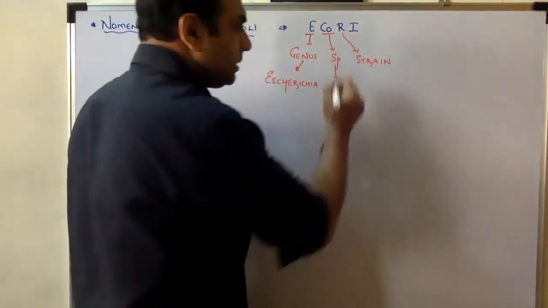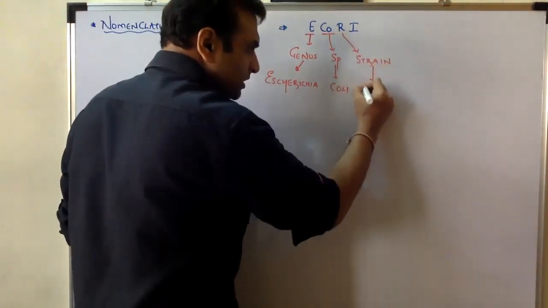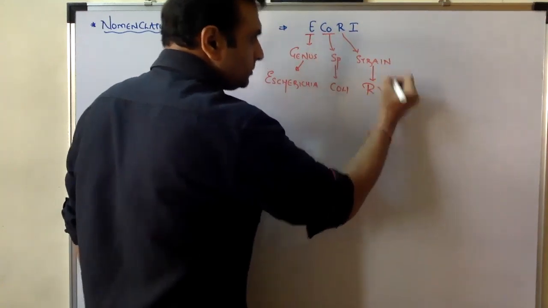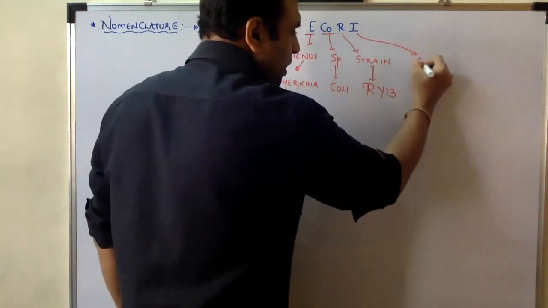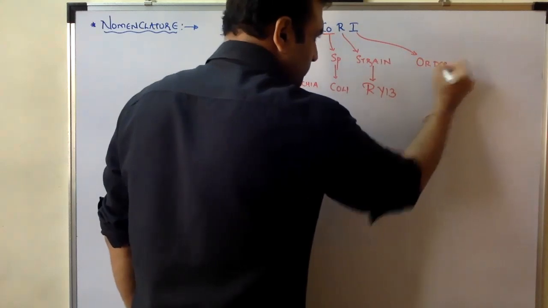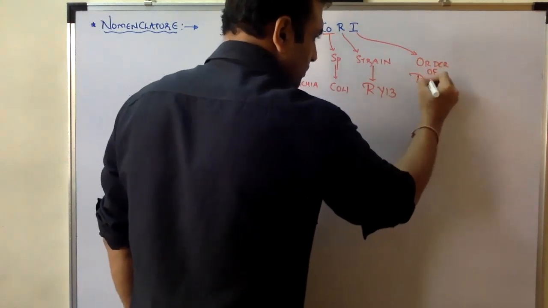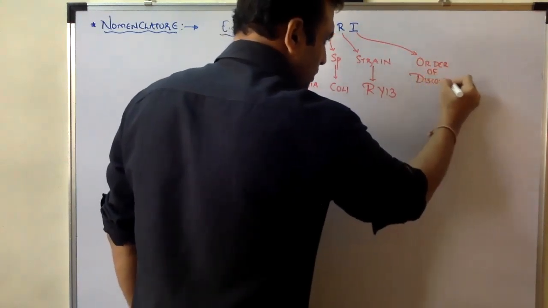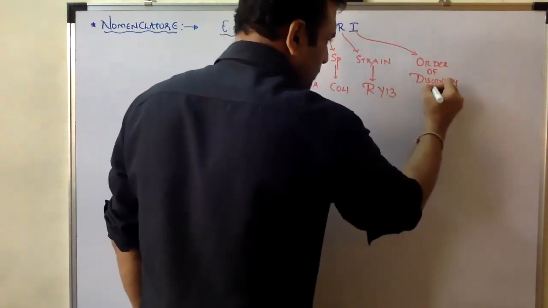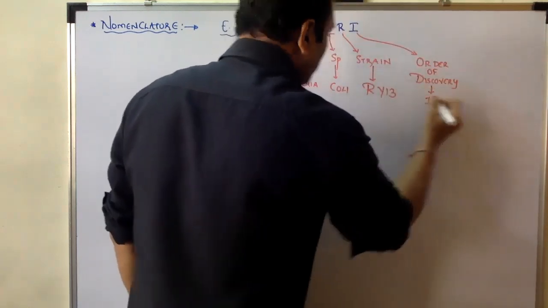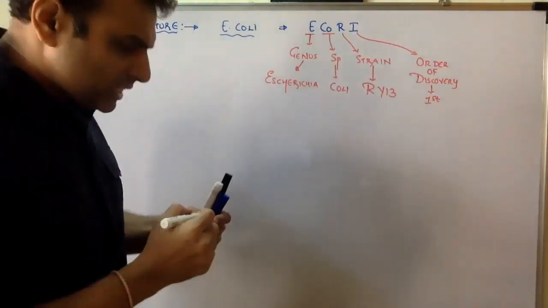So R is nothing but strain, and in this case, the strain is RY13, and I is the order of discovery. So this is the first enzyme which was obtained from E. coli, therefore it is called as EcoRI.